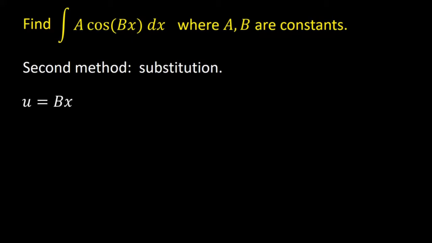The inside part of the cosine is bx. And that is what is your new variable u. When you make this kind of a substitution, you have to also change the differential. So dx won't just become a du, but if you work out what the relationship is from taking a derivative, if u is bx, du by dx is b, so you solve and get du is b times dx.